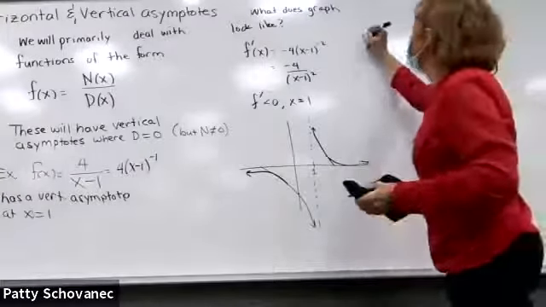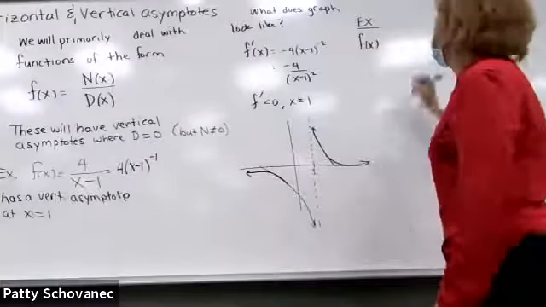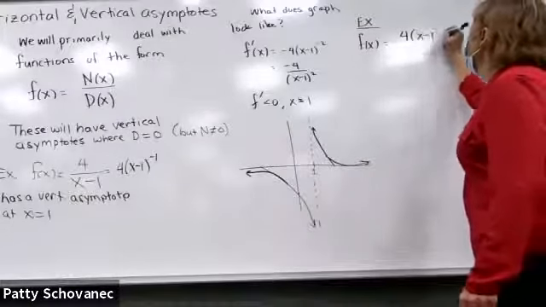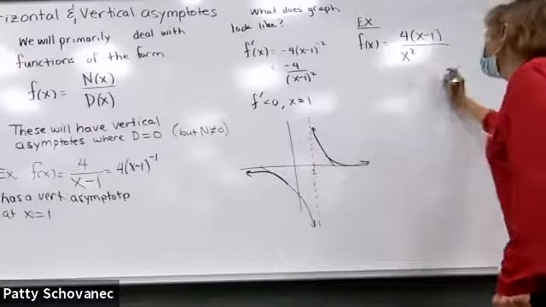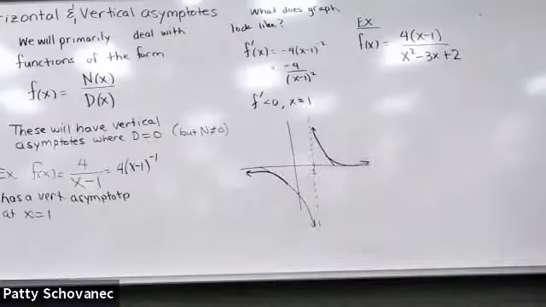Suppose I have f of x, that function, essentially the same as that first function, but in disguise, kind of moved over a little bit, because x squared minus 3x plus 2 factors. What does it factor as?